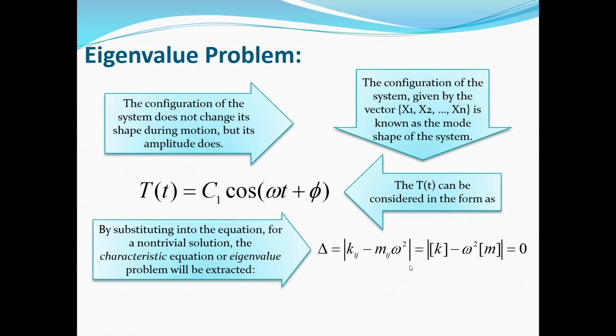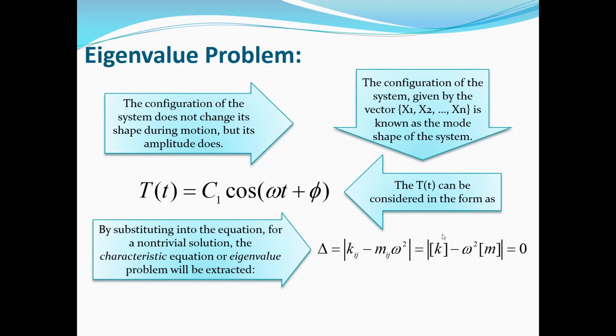As you see, this is exactly the same equation that we extracted for the 2 degree of freedom systems, but this time this is an n by n equation. In the 2 degree of freedom system, all of the matrices were 2 by 2, but here the matrices are n by n.